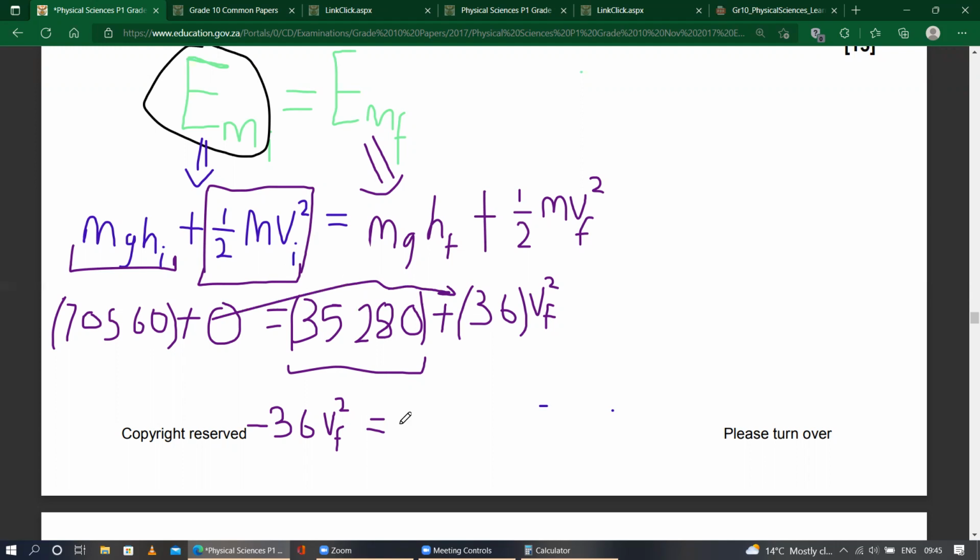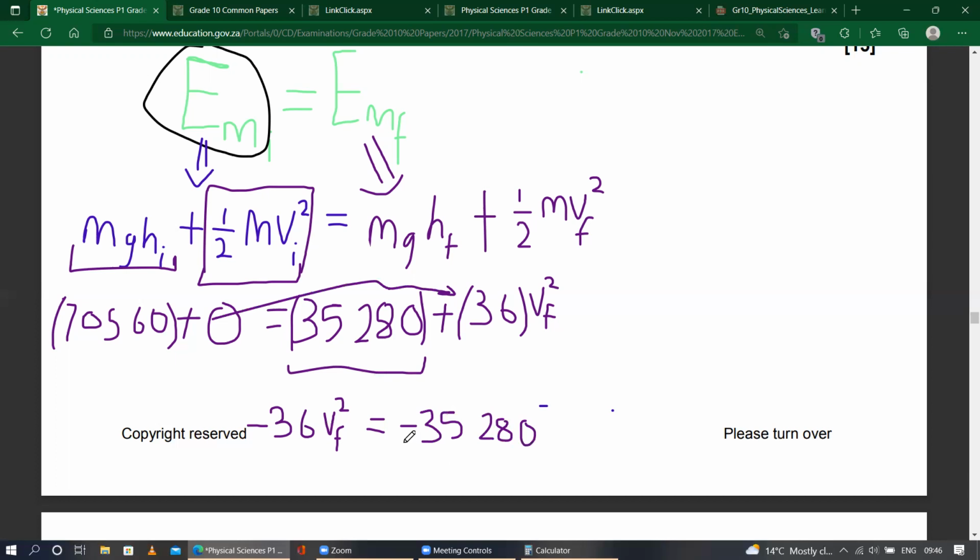So it's gonna be negative 35,000. I know I'm supposed to use a calculator, but this is some quick maths instead of going through all that.